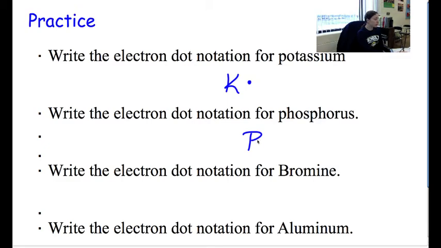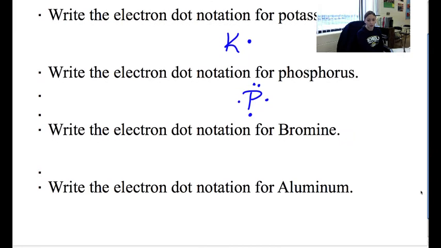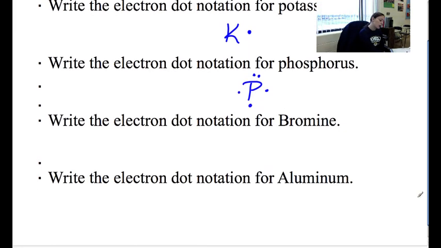It's the 5th one over in row 3. So I have 5. 1, 2, 3, 4, 5 valence electrons. Now if you had 2 dots on the right side or 2 on the bottom, 2 on the left, it doesn't matter, as long as you've got a total of 5 and 1 on each side before we have 2 on a side.